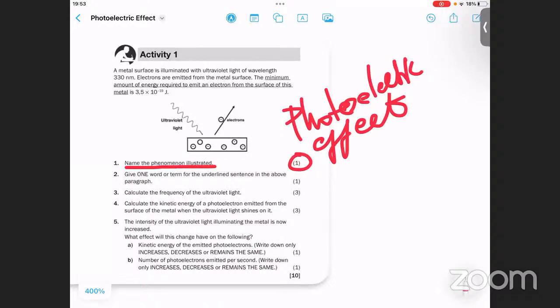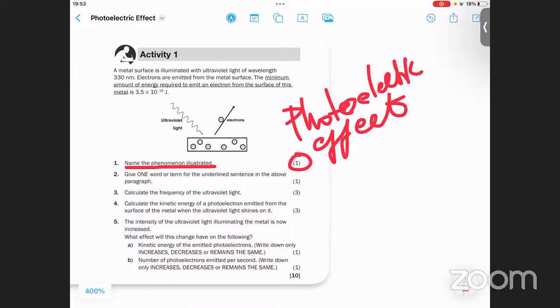That's it. Just 1 mark. So that means it remains your responsibility to always notice if the answer that they want you to provide is photoelectric effect.